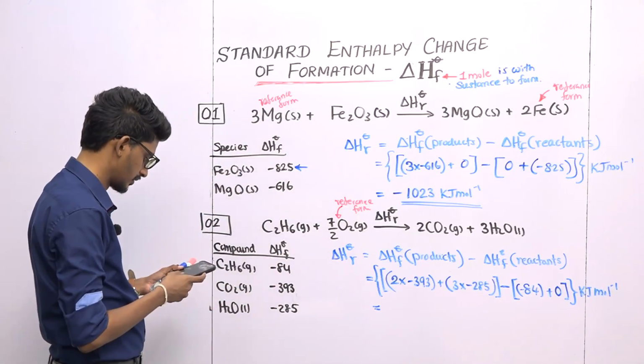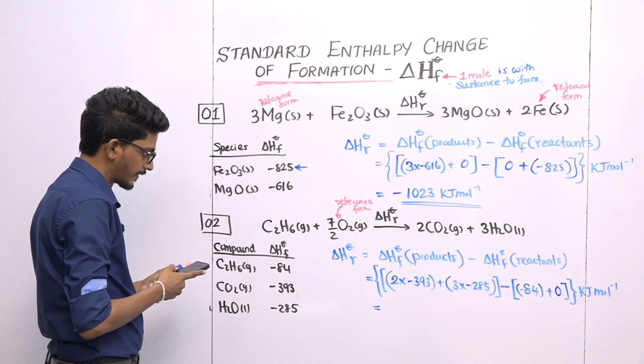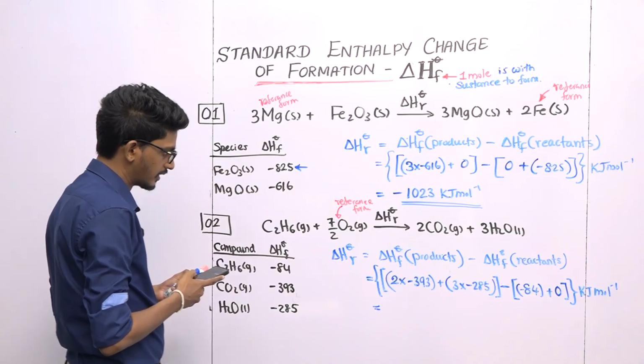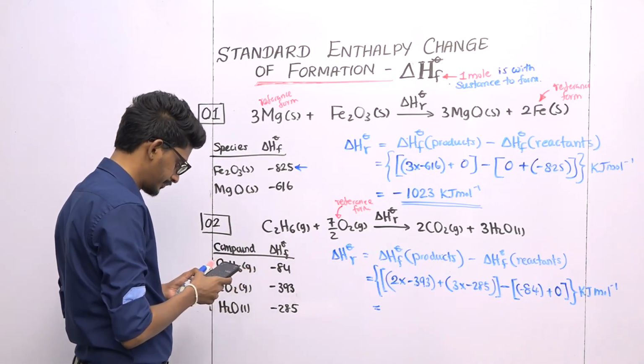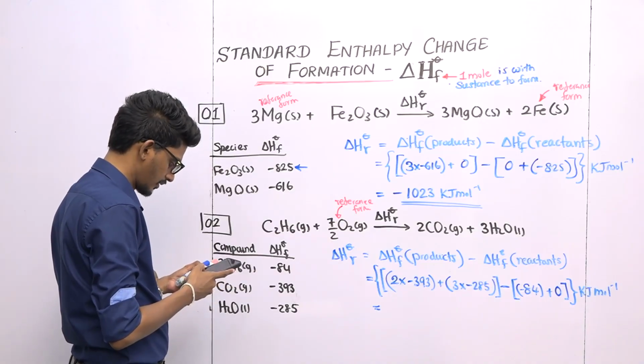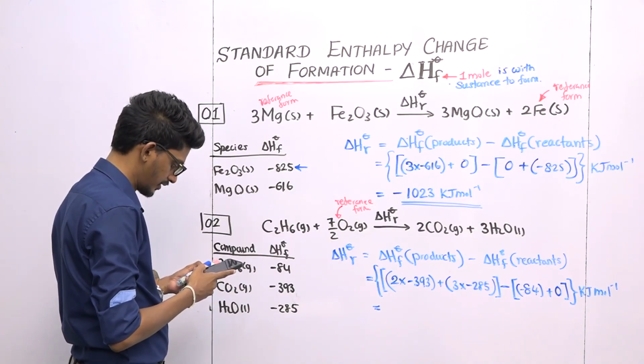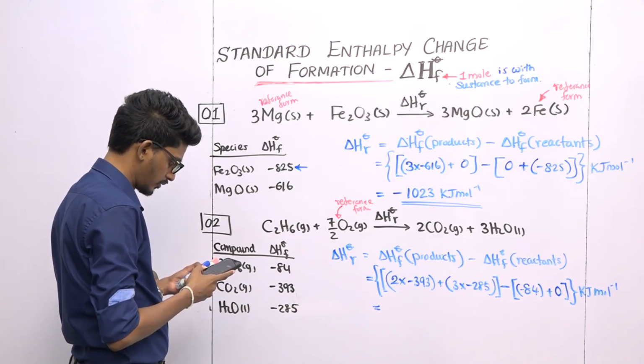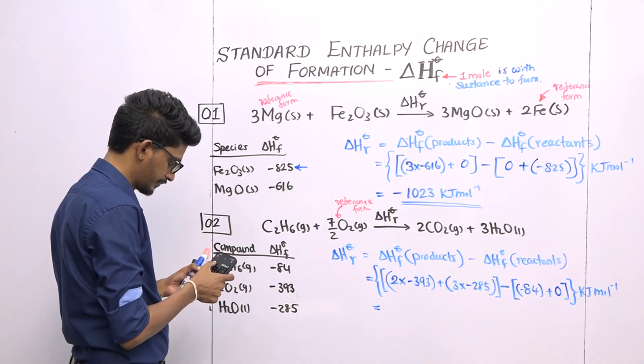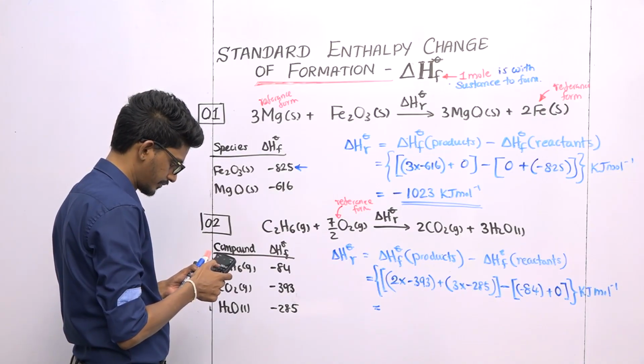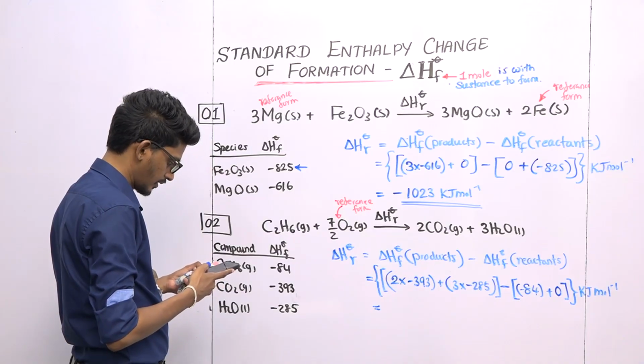So it is going to be like, 393 into 2 is there, right?